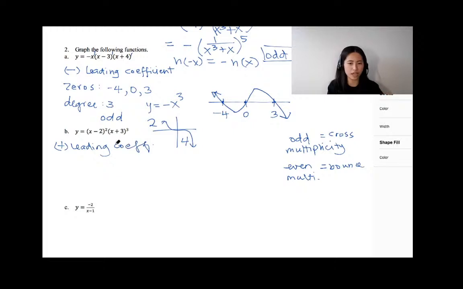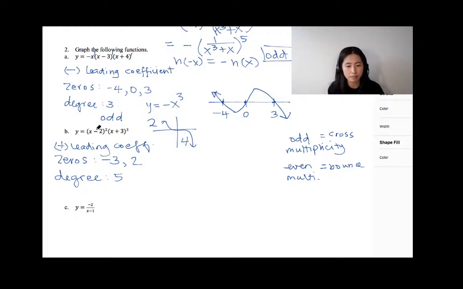I'm just going to abbreviate coefficient as co-f, but that's coefficient. And your zeros are essentially -3, x plus 3, and +2, right? And then your degree now is going to be 5, and the reason why it's 5 is because it's 2 plus 3, right? So degree is the sum of your multiplicities.